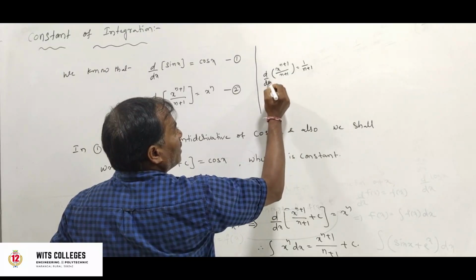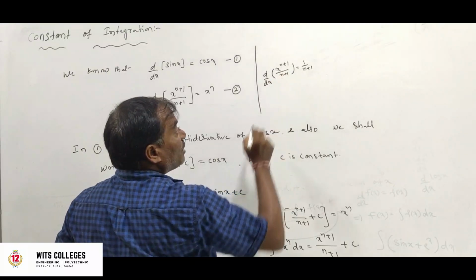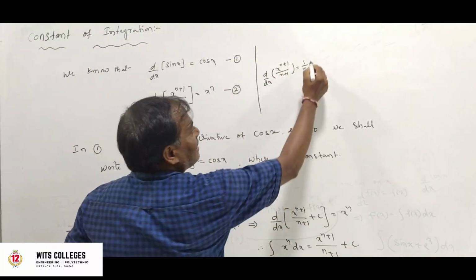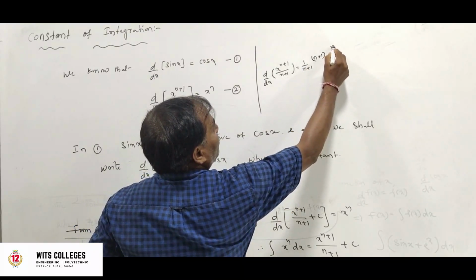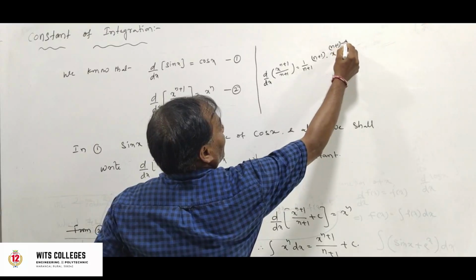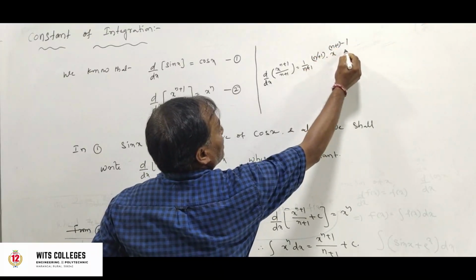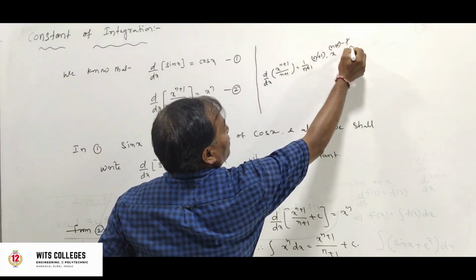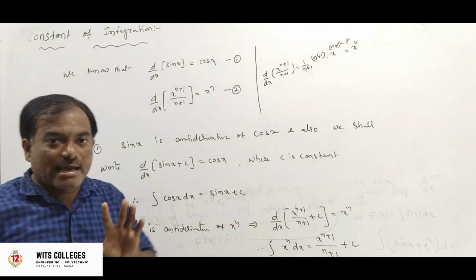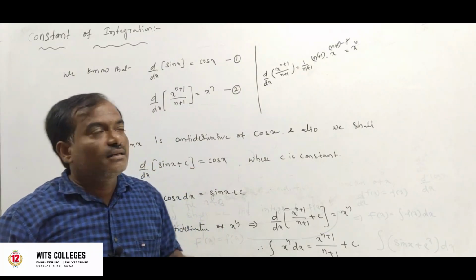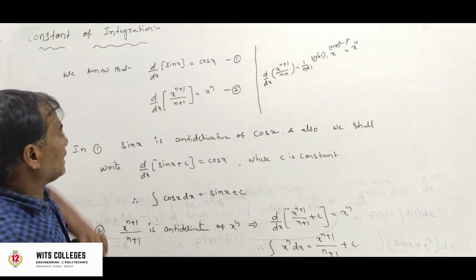Then the derivative of x to the power of n plus 1 gives n plus 1 into x to the power of n plus 1 minus 1. The n plus 1 cancels, the plus 1 minus 1 cancels, and finally we get x to the power of n. We are taking these two examples for finding the constant of integration.